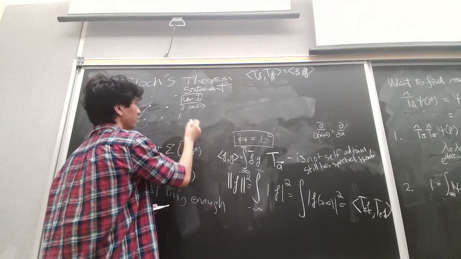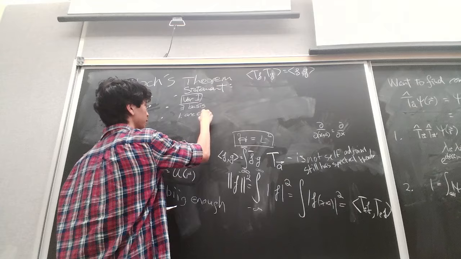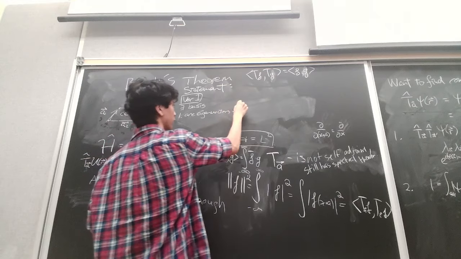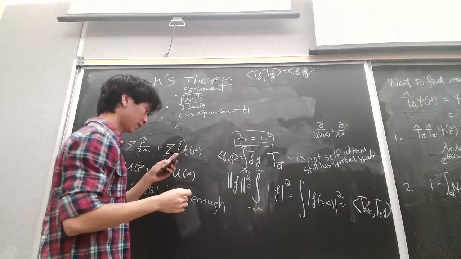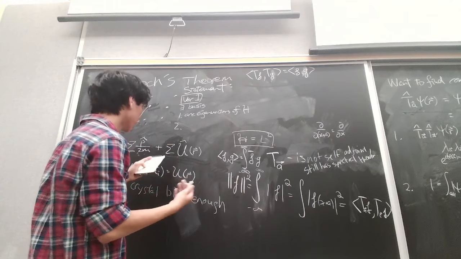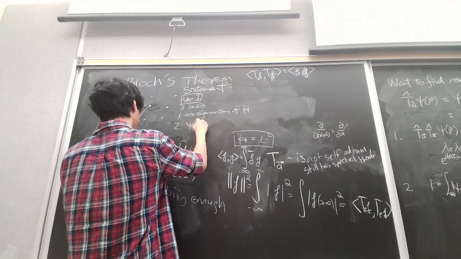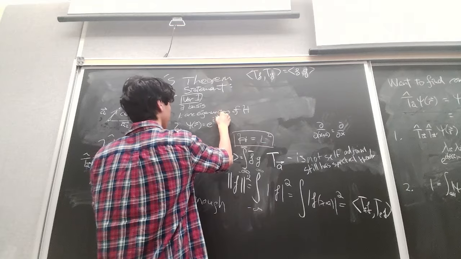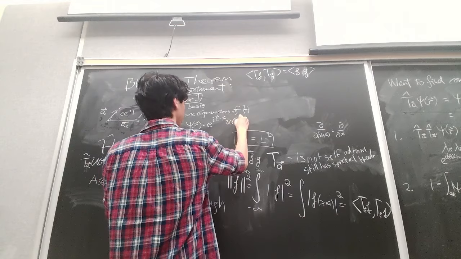The first one: they are eigenvectors of H. The second one: they are Bloch states, where Bloch states mean some e to the i k dot r times some u.